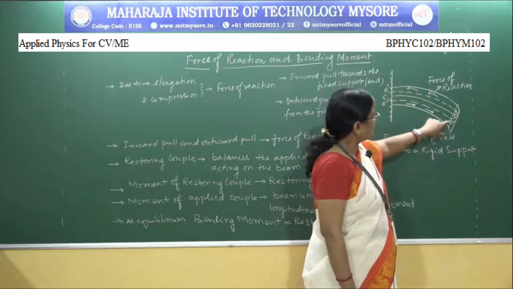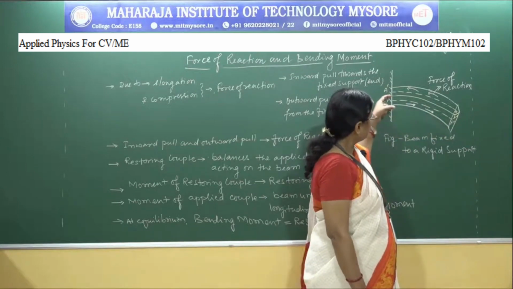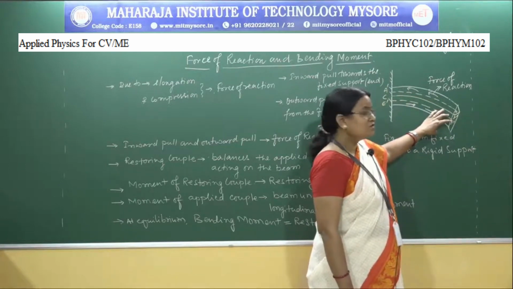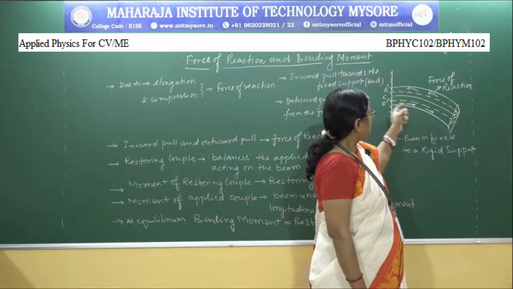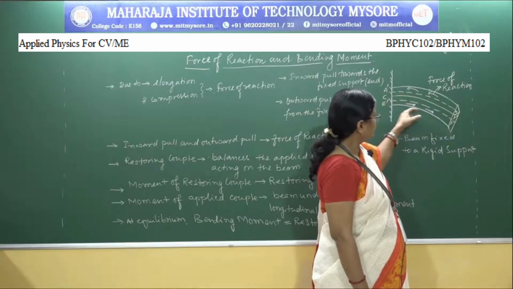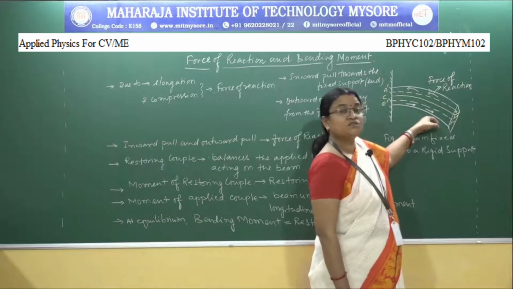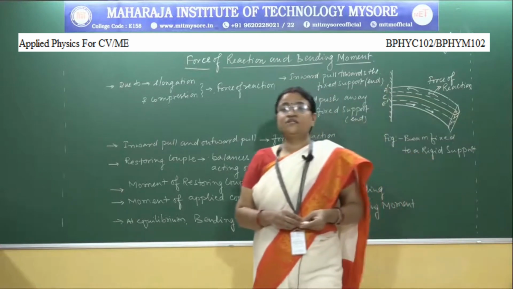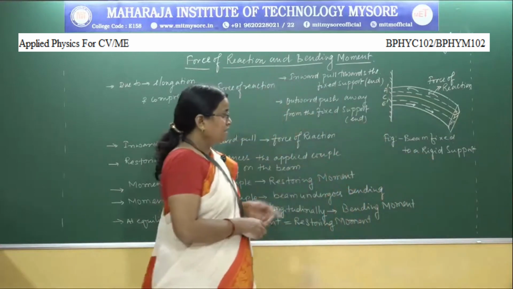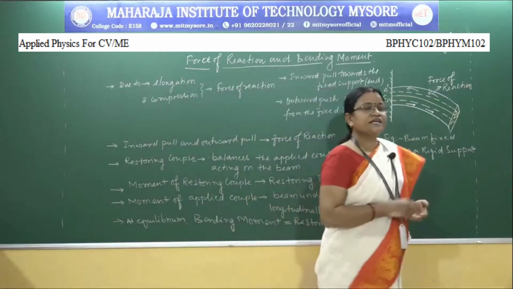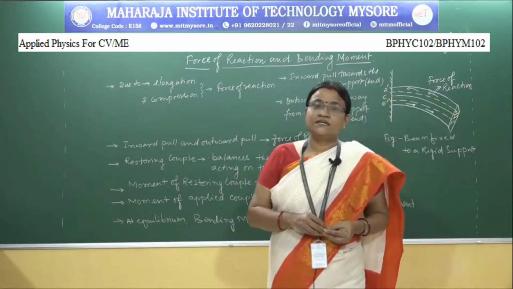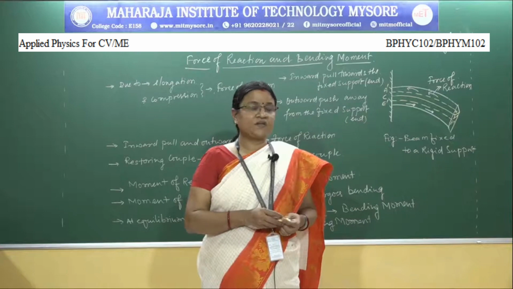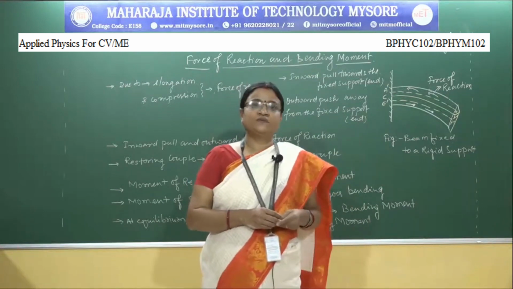Now, the lower layer, the layer below CD, undergoes compression. So if it undergoes compression, a force of reaction, an outward push, acts in the direction opposite to the fixed end, so that as you remove the load, the force of reaction will help in retaining the original dimension of the body, or in this case the beam.